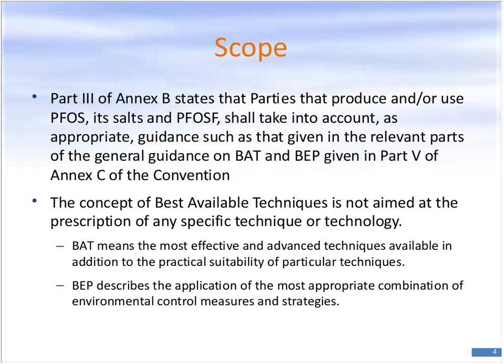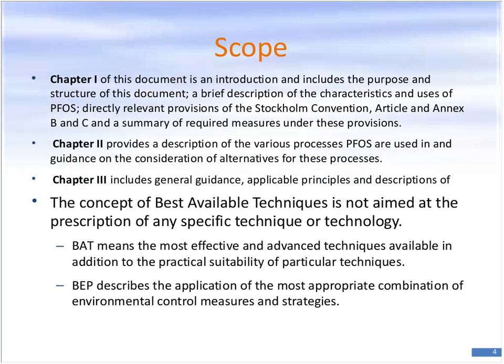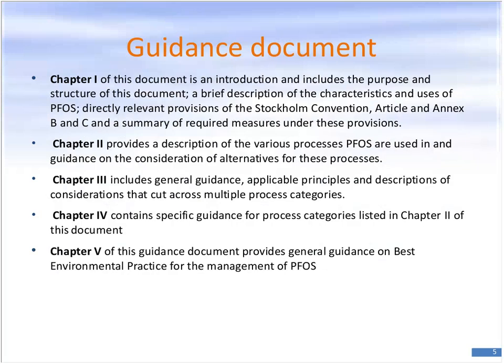So what we are going to walk you through today relates to these main concepts, and would like you to remember this part. So the guidance document is structured in 5 main chapters, where the first chapter outlines the purpose and structure of the document and includes a brief description of the characteristics and uses of PFOS that are directly relevant to the provisions of the Stockholm Convention, and a summary of the required measures under these provisions.